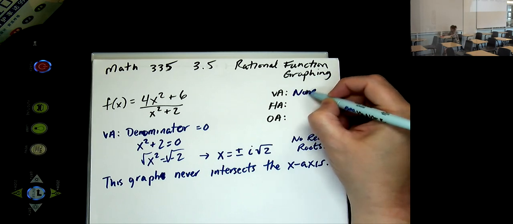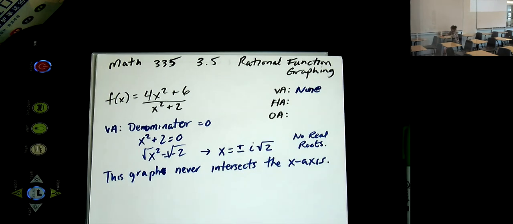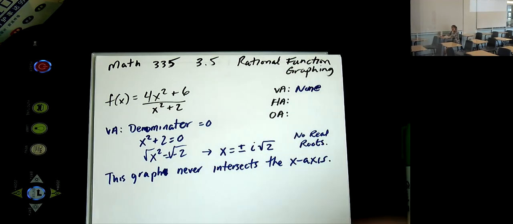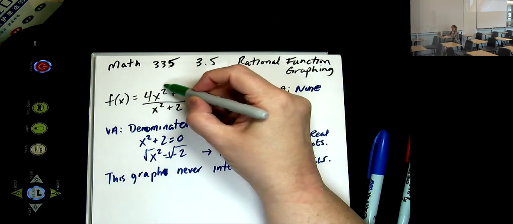How do we determine if it has horizontal or oblique asymptotes? The leading exponents match.